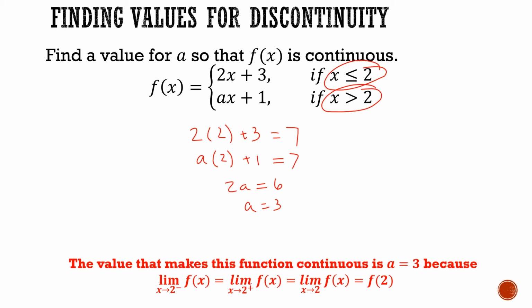That's not a suggested phrasing. That's a must phrasing. If you don't put it, you will lose half points on this question. This is what I call the limit statement. And again, you must include that on every single problem where you're trying to prove or show that something is continuous.